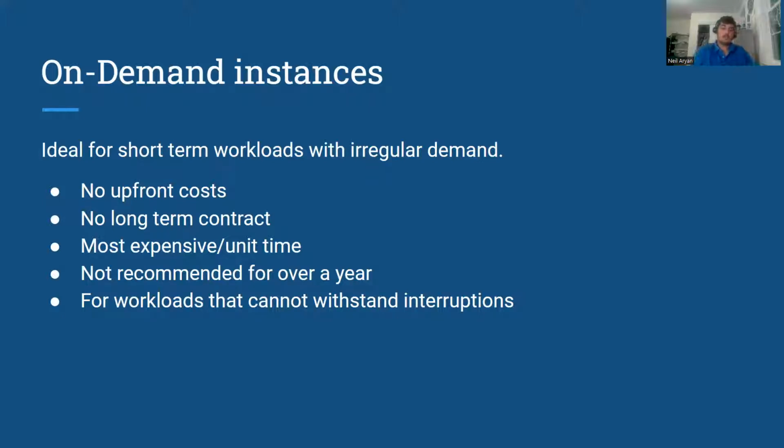They are the most expensive per unit of time because you pay for however long you describe it for. It's not recommended for over a year because there's a similar plan to on-demand instances that lasts for 1 year or 3 years that saves you more money. It's also recommended for workloads that cannot withstand interruptions. These workloads would be mission critical and you need 100% uptime.